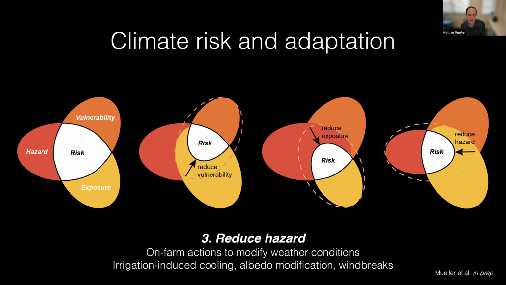When we have more irrigation, you not only increase the soil moisture, you also have more productive vegetation, and you can get irrigation-induced cooling, not just in the canopy, but even in the surrounding areas. Also, things like residue management can alter albedo, and that can change weather in subtle ways, as well as something as simple as windbreaks, which could help prevent blowdowns. These are all things that are separate from mitigating greenhouse gases, but they still reduce hazards on farms.